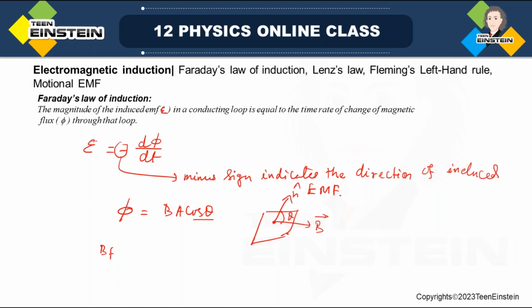If B is fixed, then phi may be changed by changing A, the area of cross section of the loop, or the angle theta. These are possible ways.